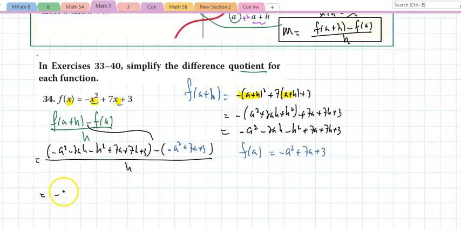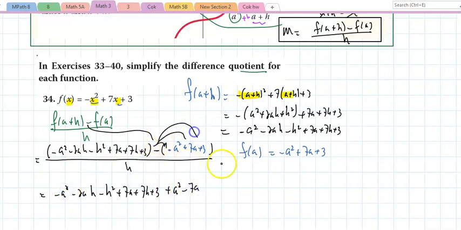That would be negative a squared minus 2ah minus h squared plus 7a plus 7h plus 3 plus a squared minus 7a minus 3 all over h.